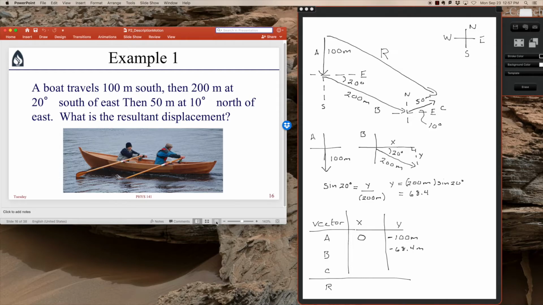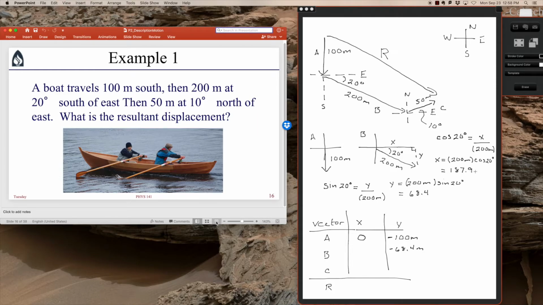Okay, so then what about the cosine of 20 degrees? The cosine of 20 degrees is going to be equal to the adjacent side to 20 degrees, so that would be the x component over the hypotenuse of 200 meters. And so that means my x component would be 200 meters times the cosine of 20 degrees, or 187.9 meters.